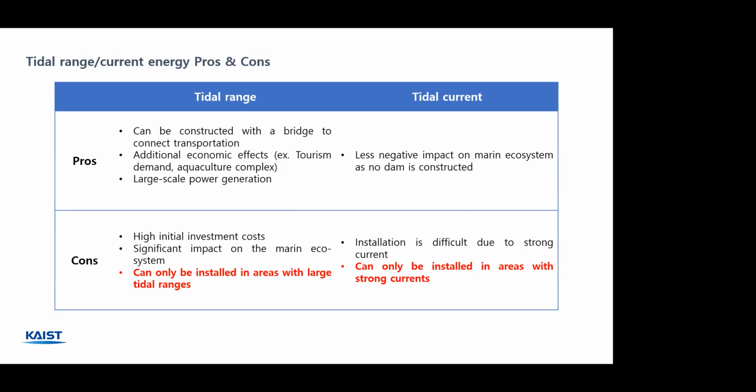By the way, tidal current energy has less negative impact on the marine ecosystem as no dam is constructed. But installation is difficult due to the strong current, and one significant thing that applies to both is that they can only be installed in areas with big tidal ranges or strong currents.